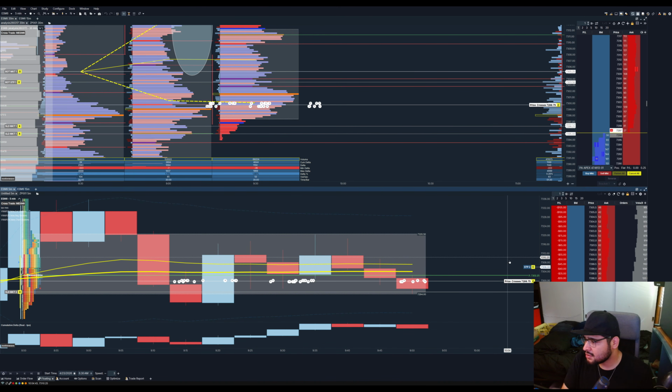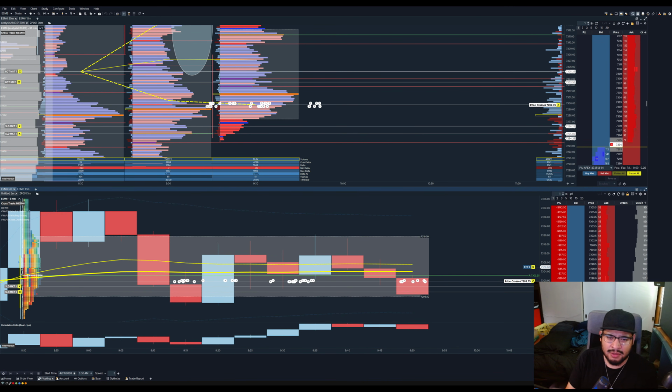They got a few minutes left, so let's see if we can keep going. Added another contract here, so my max loss here is 150, which will bring me about $50 more in drawdown than I would have wanted for my personal loss limit.